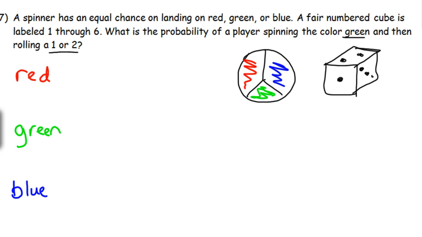And then when we roll our fair numbered cube, it can land anything between 1 and 6. So we can land on 1, 2, 3, 4, 5, or 6.